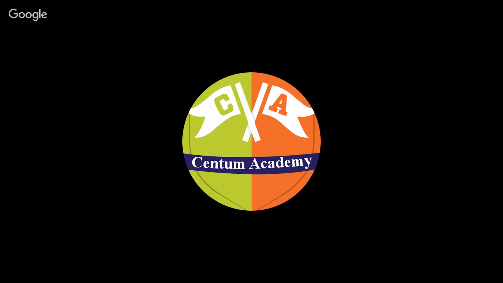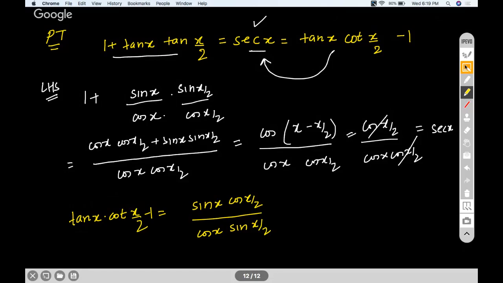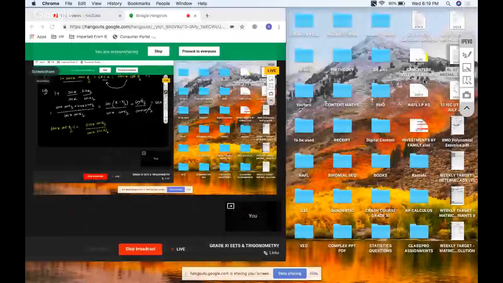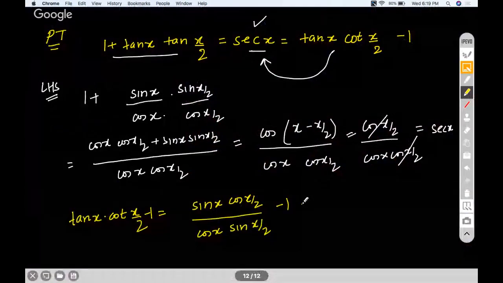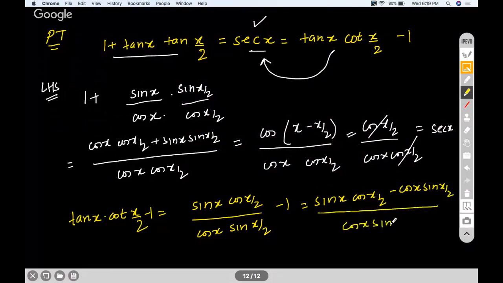Now to also apply the same, tan x into cot x by 2, let me write it as sin x cos x by 2 divided by cos x sin x by 2, minus 1. That will become sin x cos x by 2 minus cos x sin x by 2 divided by cos x sin x by 2.